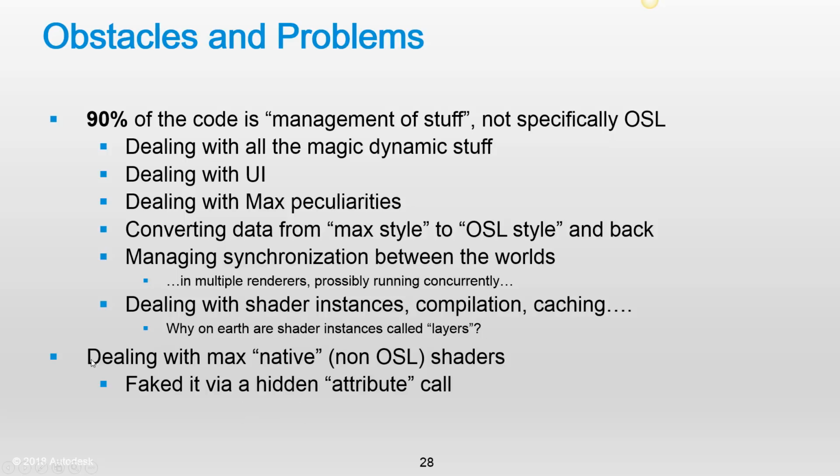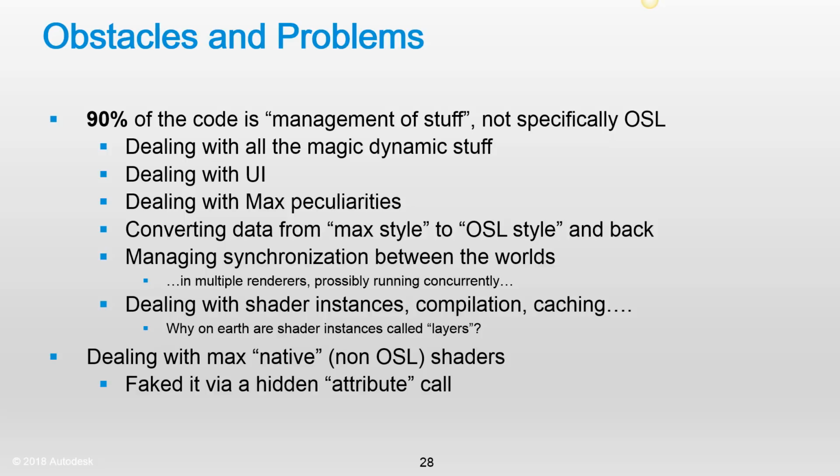And one way we solved it, if we want an OSL shader to call a regular Max shader, the way we implement it is that we plug in a special OSL shader that does a get attribute call, and the get attribute call actually ends up in the render services that you write for your renderer.